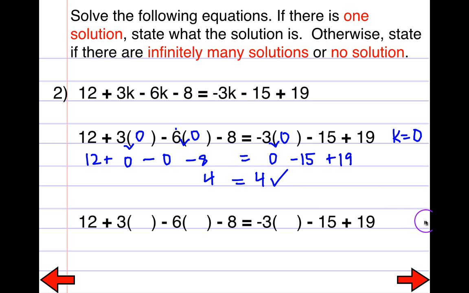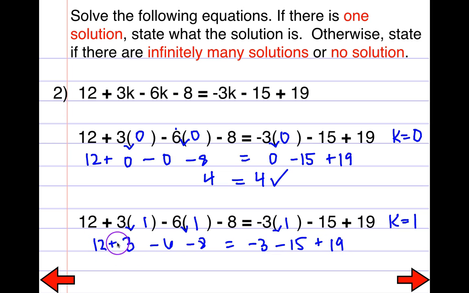That works. Now the true test, what about k equals 1? K equals 1 because 1 is another number that I can plug in, and that's going to be easy to multiply and figure out. So here I'm going to get 12 plus 3 minus 6 minus 8 equals negative 3 minus 15 plus 19. 12 plus 3 is 15, 15 minus 6 is 9, 9 minus 8 is 1.